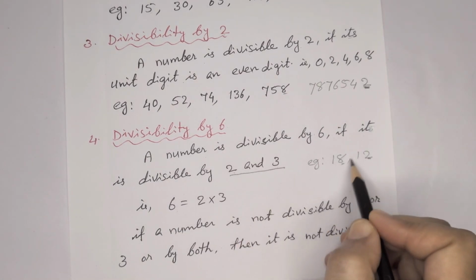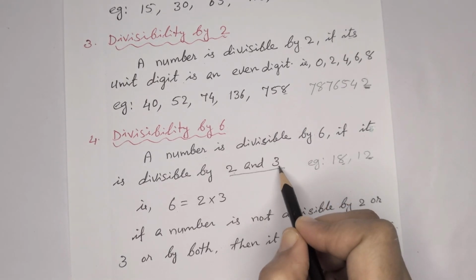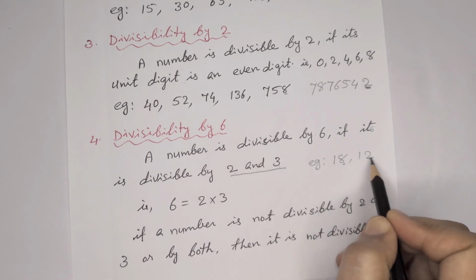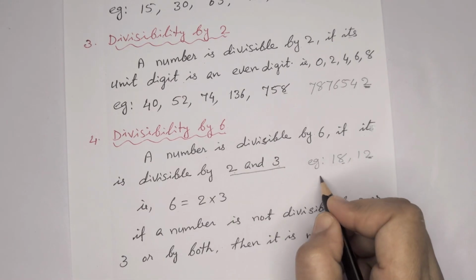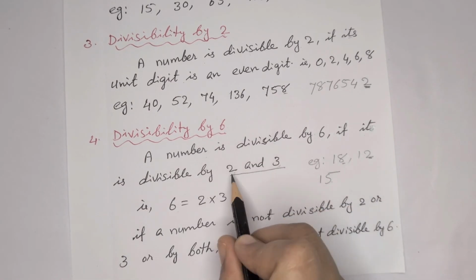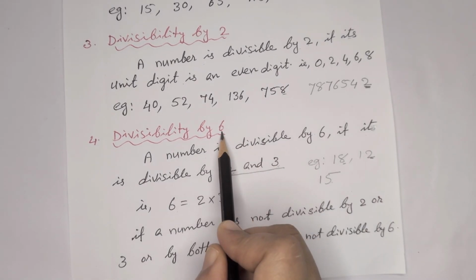Also we can see these numbers are there in the multiplication table of 3. So these types of numbers are divisible by 6. At the same time, if you take 15, 15 is divisible by 3 but not by 2. So 15 is not divisible by 6.